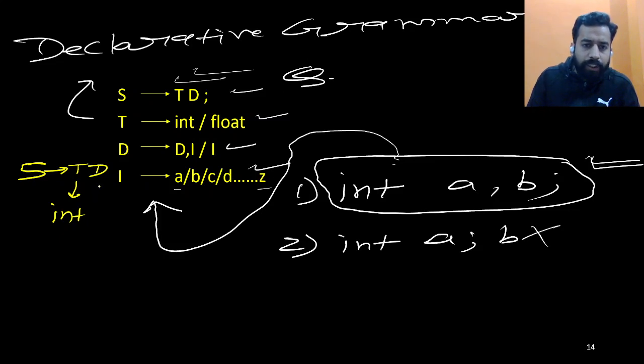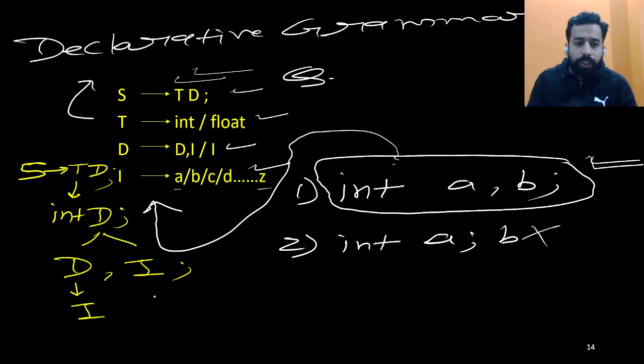So let me write D as it is and semicolon as it is. Now here you can say D can give you D comma I and semicolon as it is, and this D can give you I. Okay, and this I can give you A, and your comma is as it is, and this I can give you B, and your semicolon is as it is.